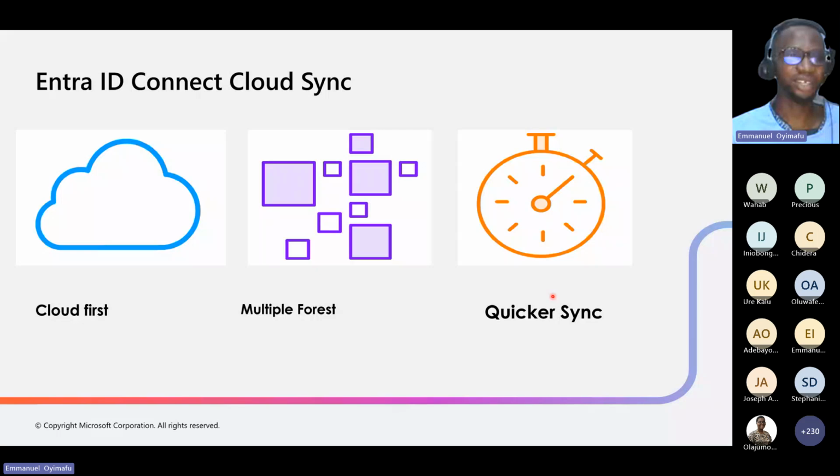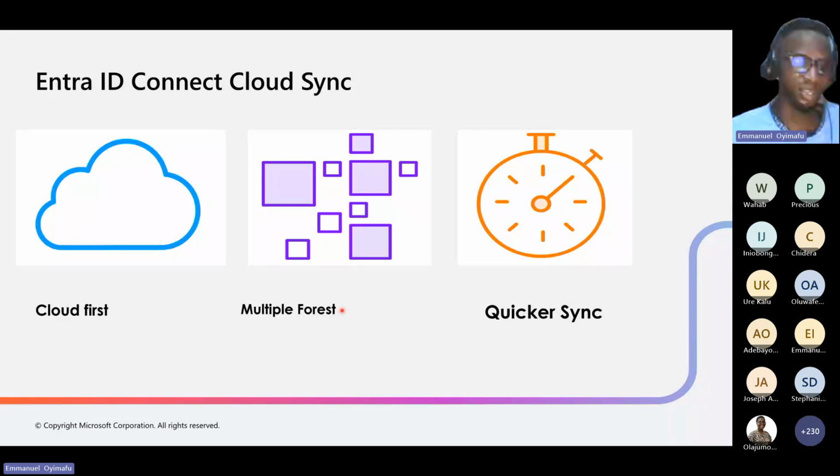For Entra ID Connect Cloud Sync, one of the advantages is that it is cloud first, and you can have multiple forests. I'm going to explain with a scenario how multiple forests work so that we can see the advantage that Cloud Sync has over Entra ID Connect.